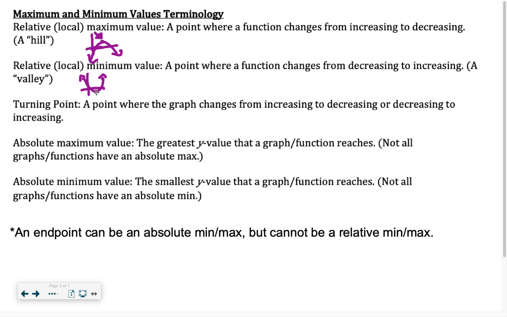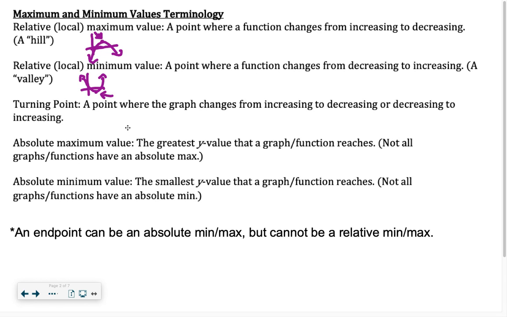And then this point right here, where the graph changes from decreasing to increasing, that is a relative or local min. Okay, that point right there. And when we're looking at graphs, that's just like a little valley, anywhere we see a valley in a graph. A turning point then is just a local max or min, essentially. Okay, a point where the graph changes from increasing to decreasing or vice versa.